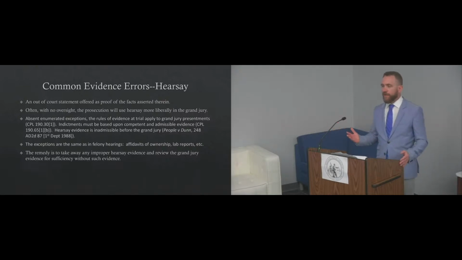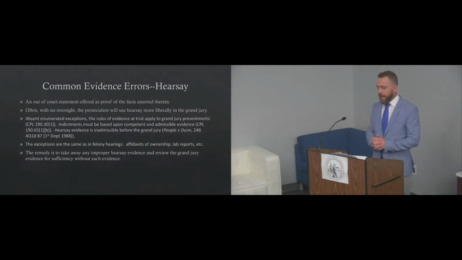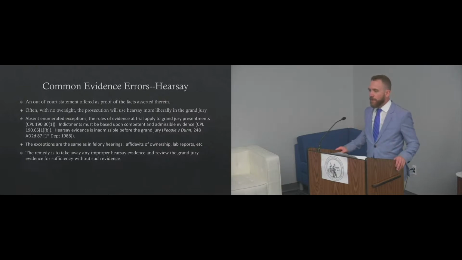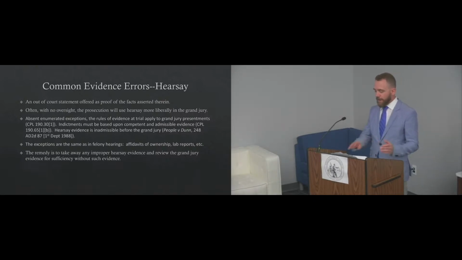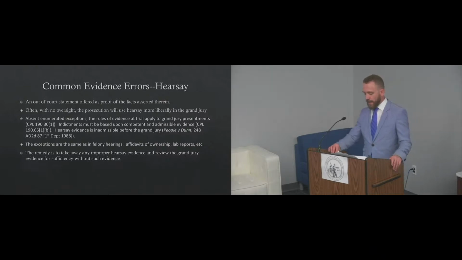Because you can say, look, yeah, it's all well and good to take out this hearsay evidence and then analyze it, but just given how powerful it was and how weak the evidence is without it, who knows if the grand jury would have even indicted without this evidence. Yeah, we can say it's legally sufficient, but it's still an irregularity that caused the defendant prejudice. So that's an argument you can still make for sure, especially when you have a lot of errors.